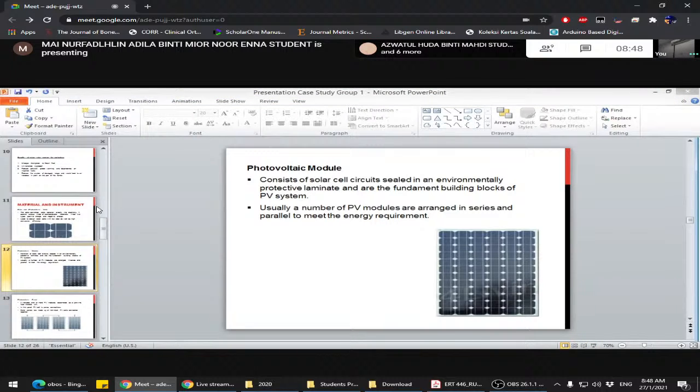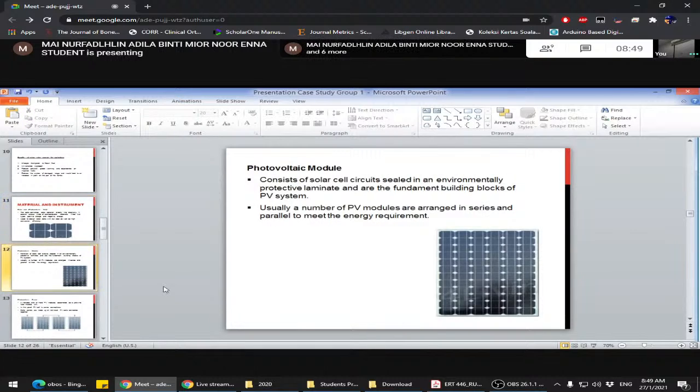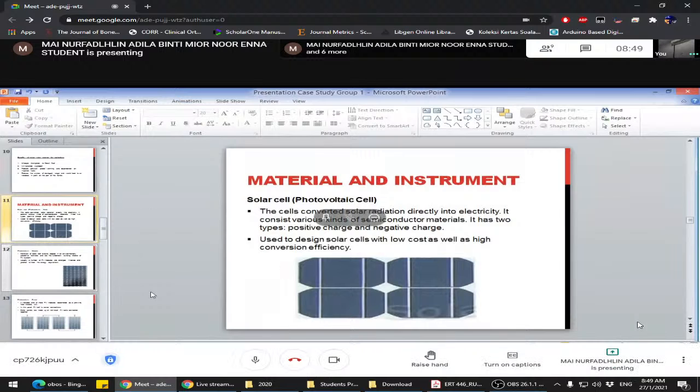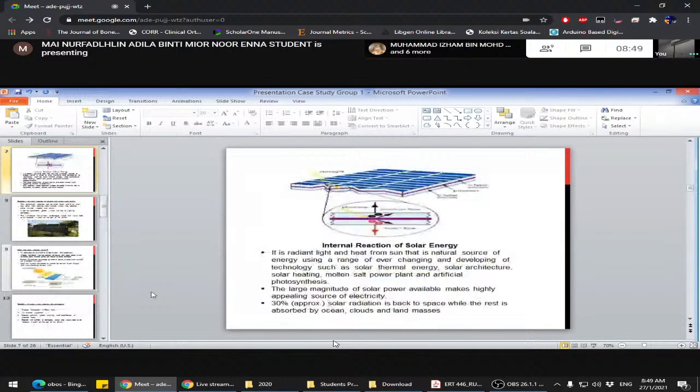Dah, ada dah. Ada. Buka slideshow dulu. Tak payah buka slideshow, awak tunjuk je macam ni. Tunjuk. Tak payah buka slideshow. Kalau dah komputer awak tak boleh buka slideshow. Sambung ke start dari slide 6?